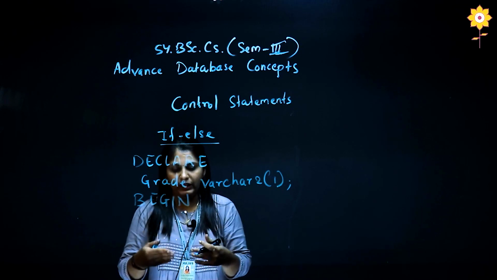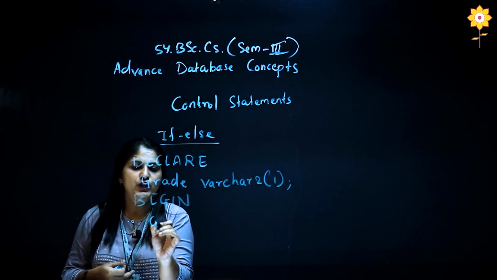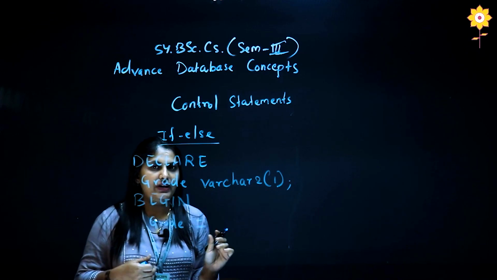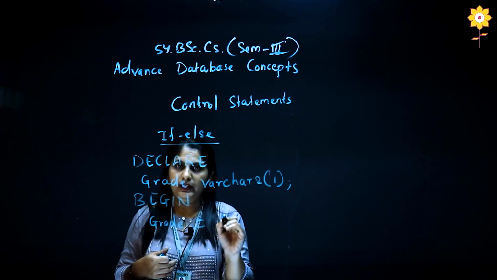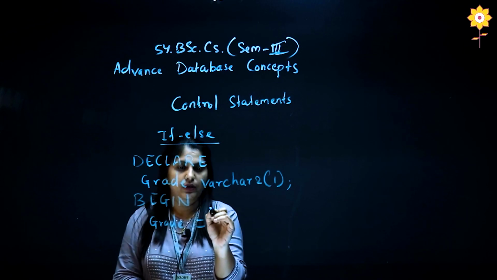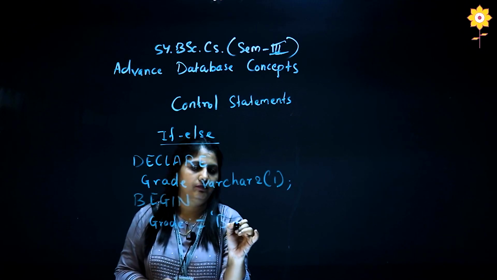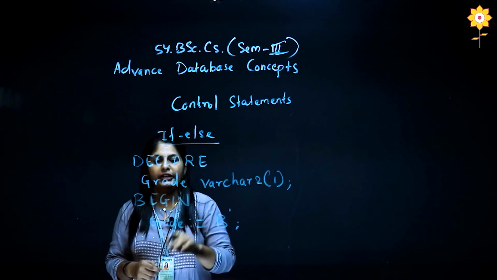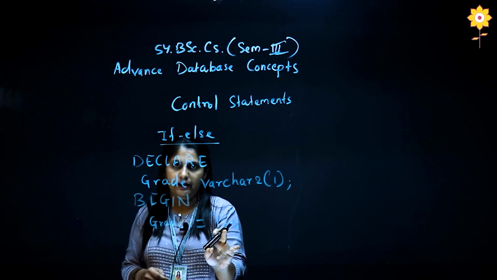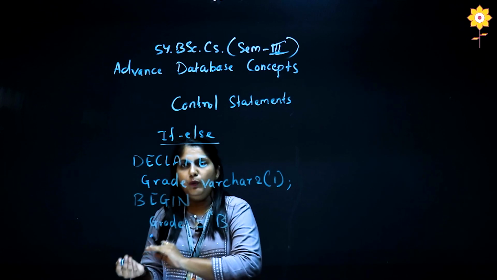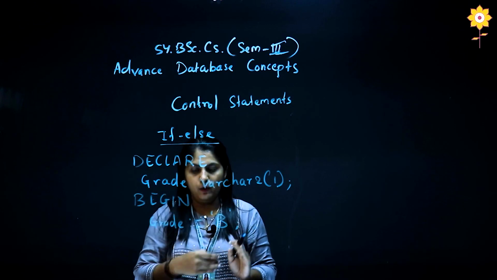So first of all I will initialize the grade variable. We always assign a value to a variable with colon equals. I have initialized the variable grade with B, that is a character. Now we will see which category it will go under.